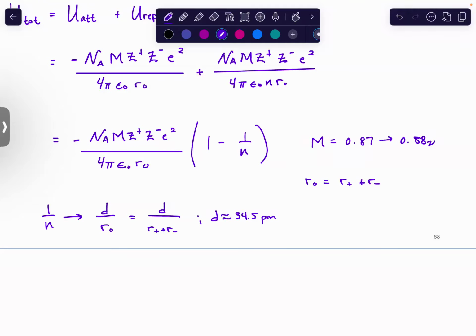Through a lot of work and a lot of experiment, he found that this kind of common distance gets you the most accurate answers across a wide variety of materials. So it's a good enough approximation.